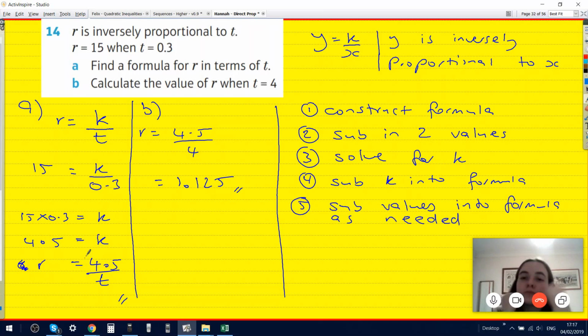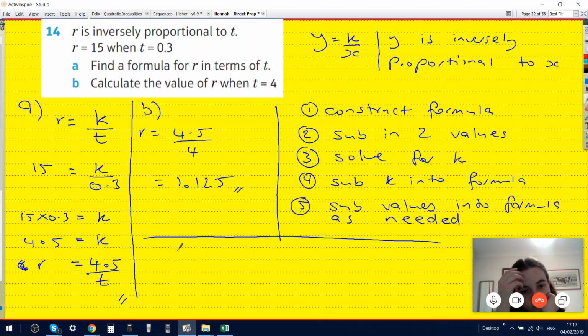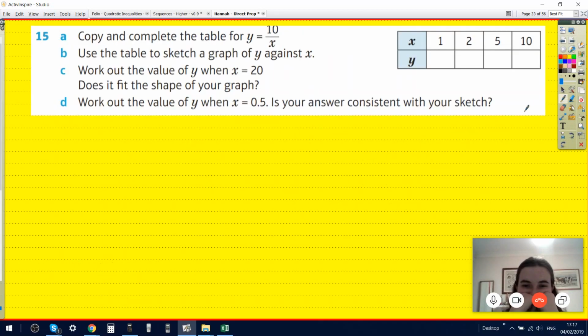And then once you have k, that's your full formula, and then you sub in values as needed. So it's a bit like the equation of a line, where it's like y equals mx plus c, and first you find m and second you find c, except in this case there's no c. It's like y equals mx, y equals kx, y equals k over x. You find that, and then you use that to get other things.